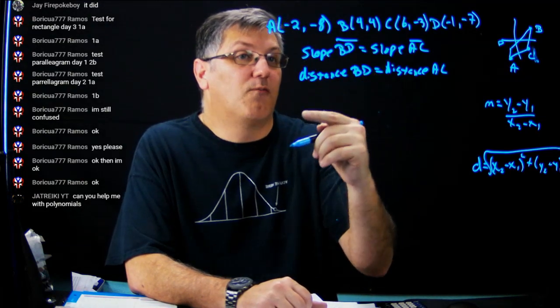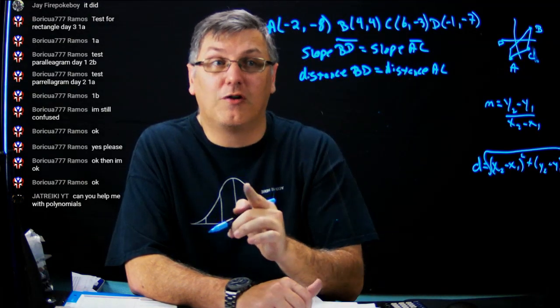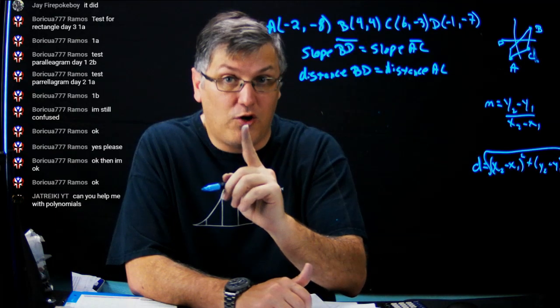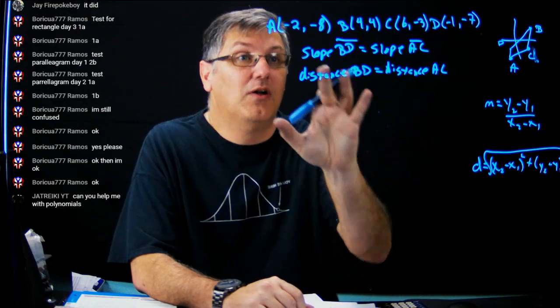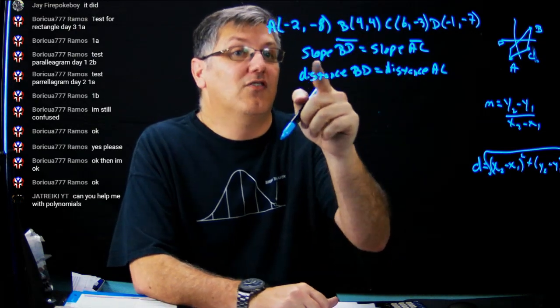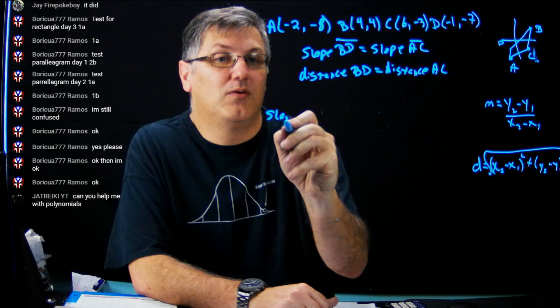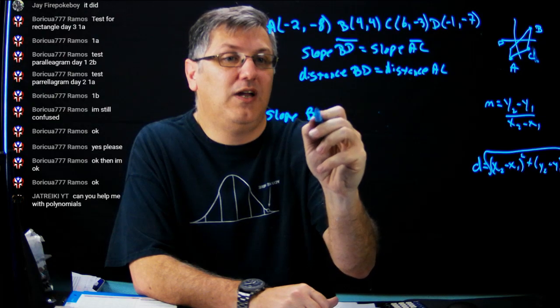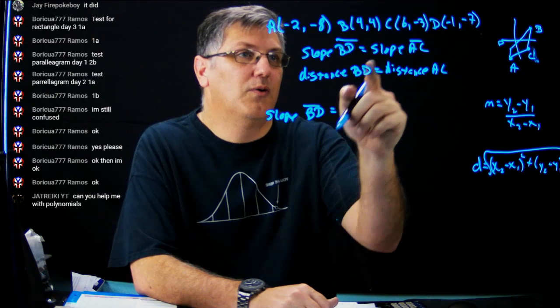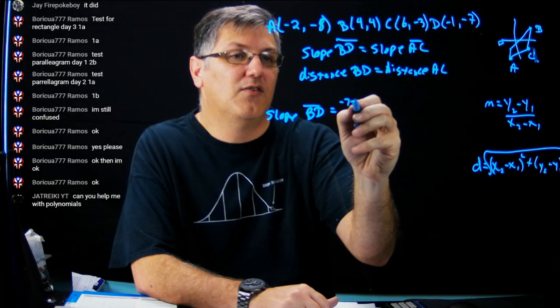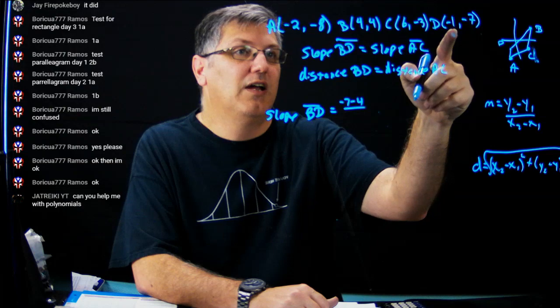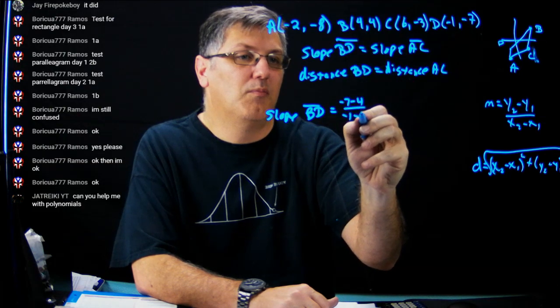All right, so let's do the slope first. Both of these have to be true for it to be a parallelogram. If one of these is false, then it's not a parallelogram. If they're both true, then it's a parallelogram. So let's do the slope of BD. We've got -7 minus 4 over -1 minus 4.